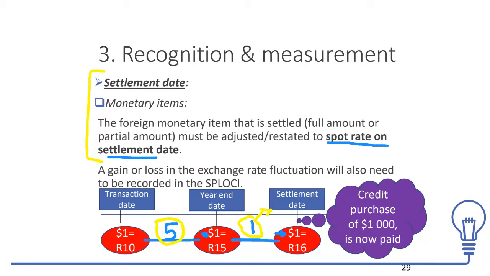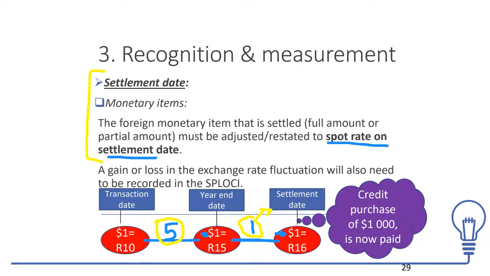The reason being that the difference of 1 Rand is not a value that's attributable to the creditor. It's not actually the creditor. The only reason why that 1 Rand came about is because we were engaging in a foreign currency transaction. Okay. That's why we need to measure it separately.